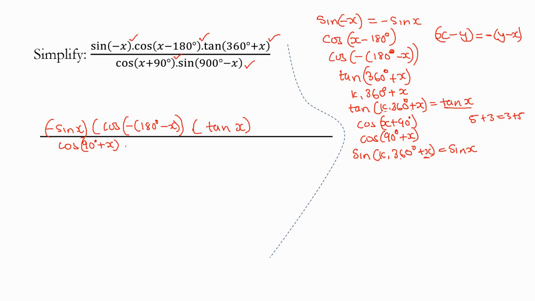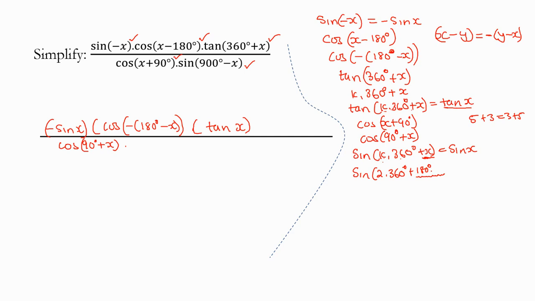It has to be 360 times 2, isn't it? Our k is going to be 2, and 2 times 360 degrees is 720. Then we have to add 180 degrees to make it 900.